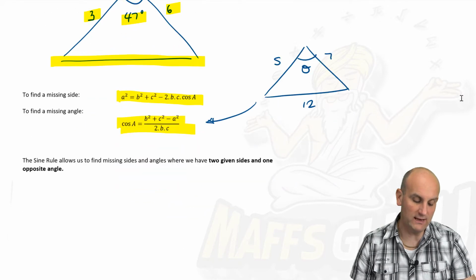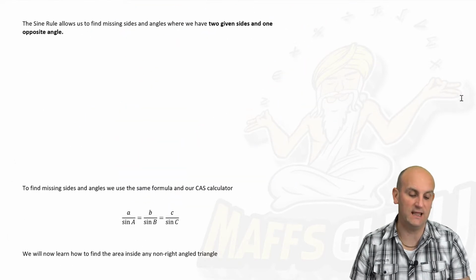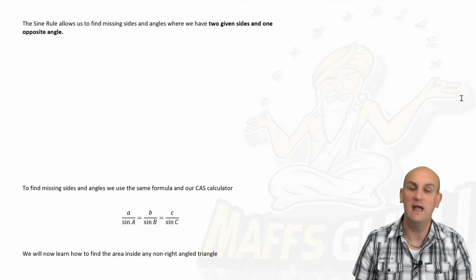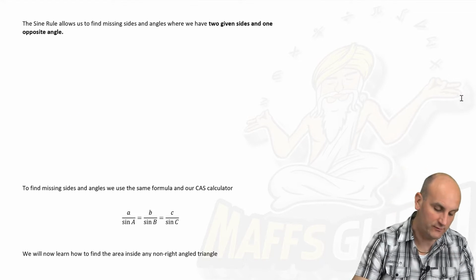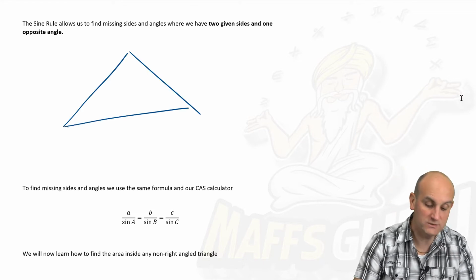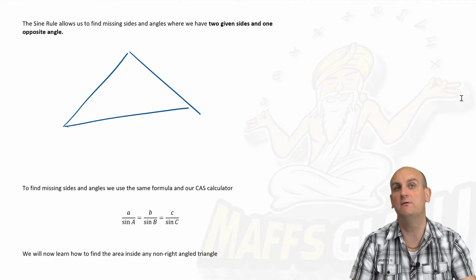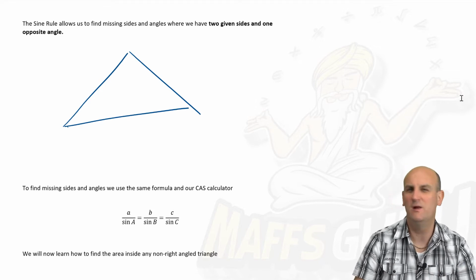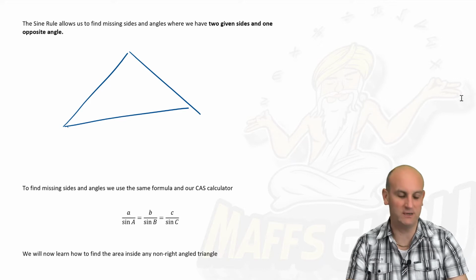The sine rule allowed us to find missing sides and angles when we were given 2 sides and an opposite angle. So again, if we have a triangle here that was non-right angle, the important thing here was it was non-right angle. Otherwise, we'd use Pythagorean trig to do this.